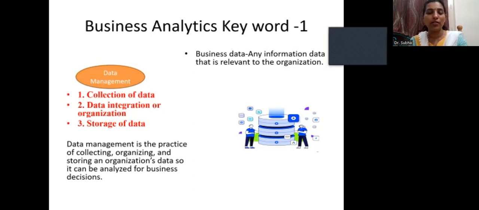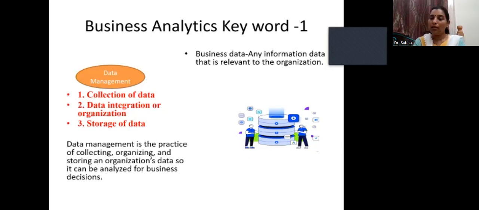Immediately after transforming the data, the next step is to store the data, that is loading. In the ETL process, E stands for extracting, T stands for transforming, and L stands for loading.